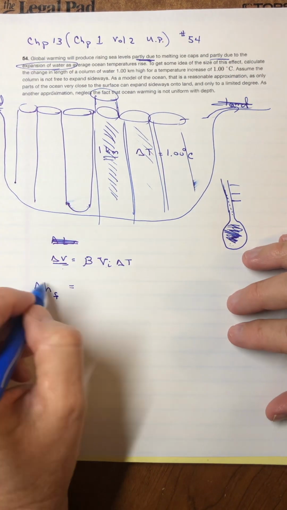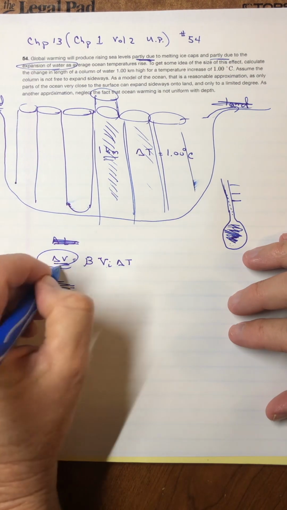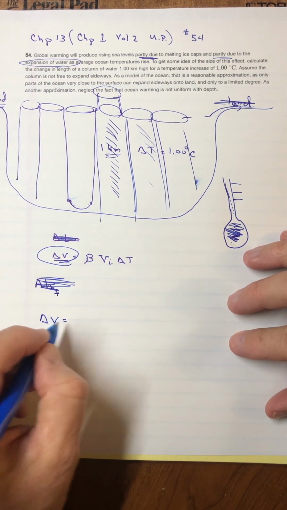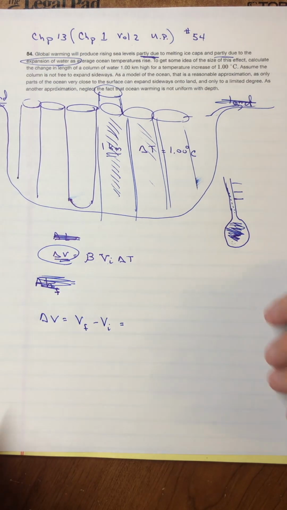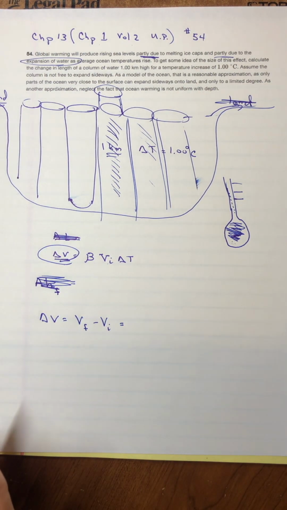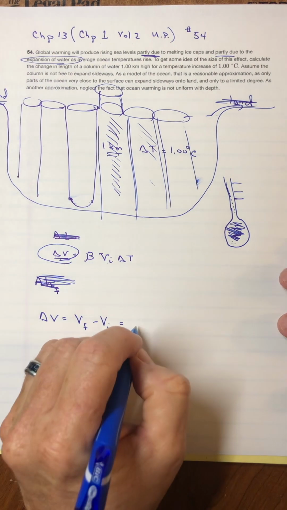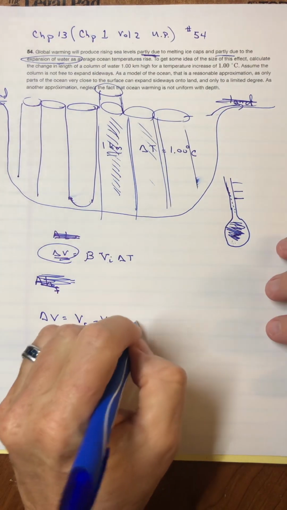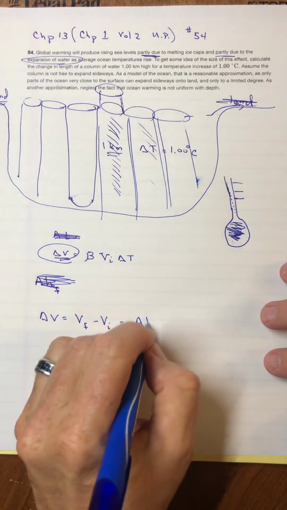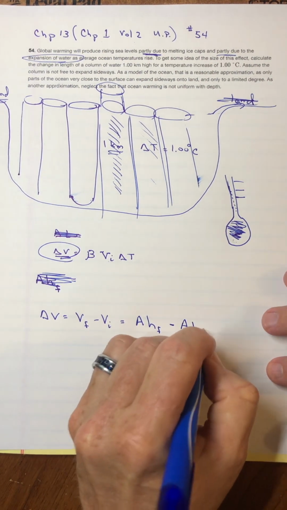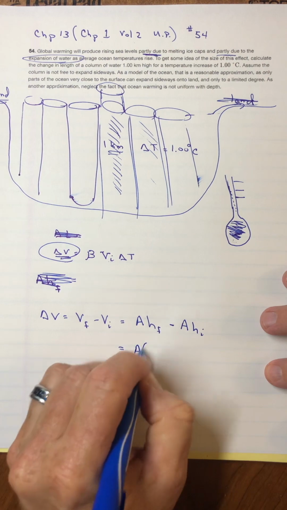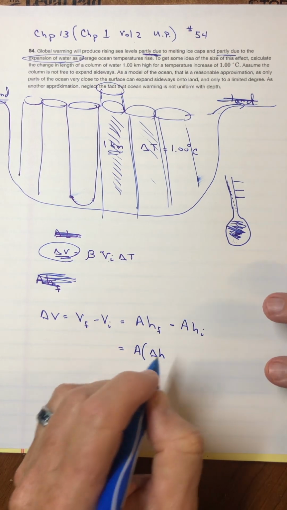Oh, I'm sorry, this is a change. Let me try that again. Delta V might be its final volume minus its initial. And I would think about this as a column that has some cross-sectional area A and some final height, minus that cross-sectional area times its initial height.